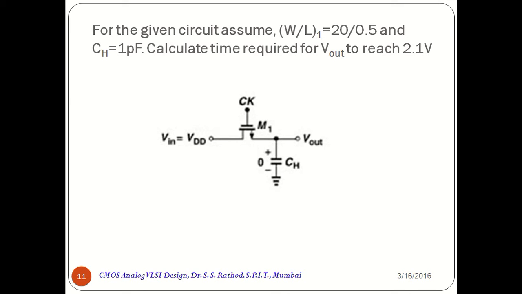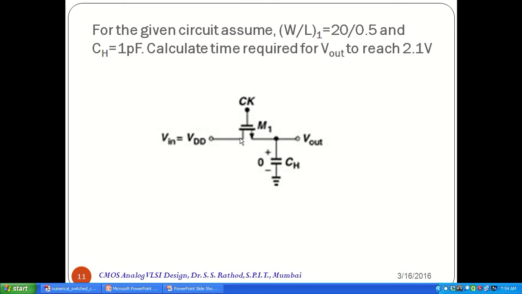And since this is saturated, therefore we can write the equation of saturation, that is 1 by 2 μn Cox W by L (VDD minus Vout minus VTH) square. We neglect channel length modulation, etc. And since there is a derivative term, we will integrate it and solve it. So I left it to the user to solve that derivation.